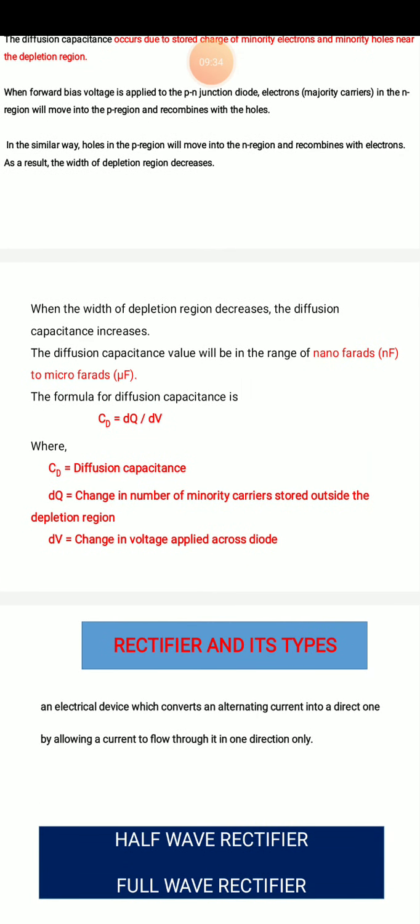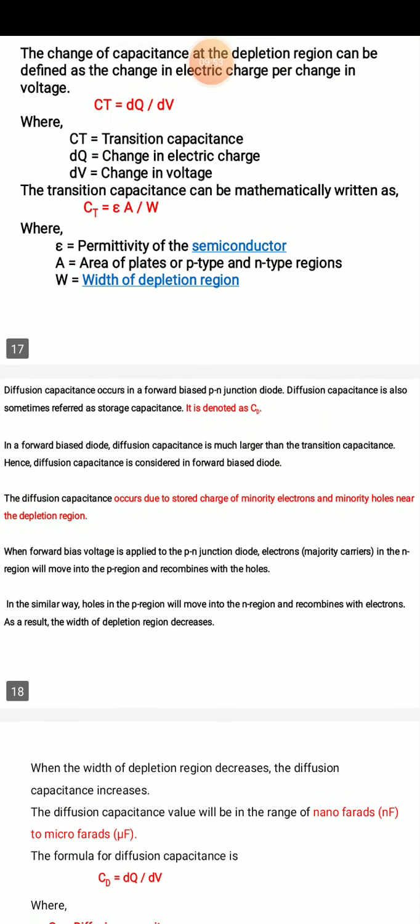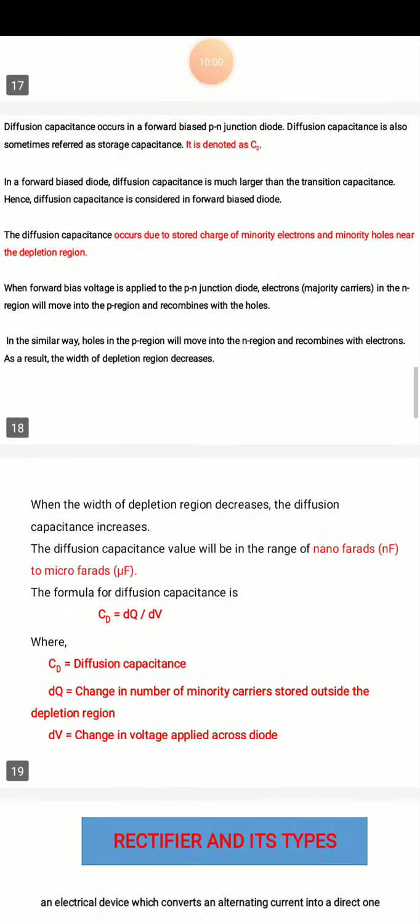CD is nothing but the diffusion capacitance, where dQ is the change in number of minority carriers stored outside the depletion region, and dV is the change in voltage applied across the diode. So this is about the transition capacitance and the diffusion capacitance that are used in the PN junction diode.